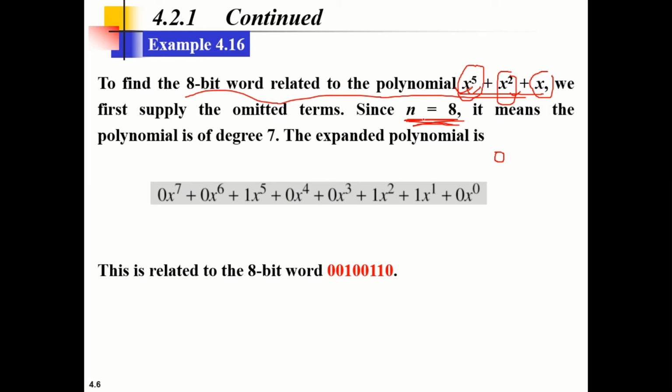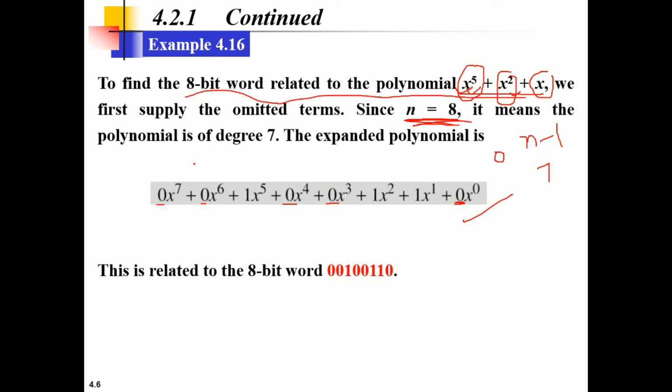Now since this n is equivalent to 8, तो polynomial हमारा किसका कितना बनेगा? n minus 1 तक, means 7 तक we will be going for creating the polynomial. Fine. So here you can see this coefficient is 0 for the 0th element, for the 3rd element it is 0, for the 4th element it is 0, for the 6th and for the 7th.